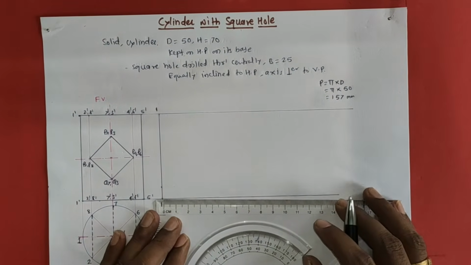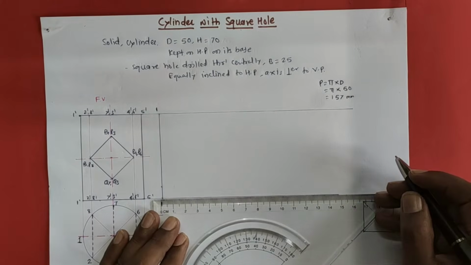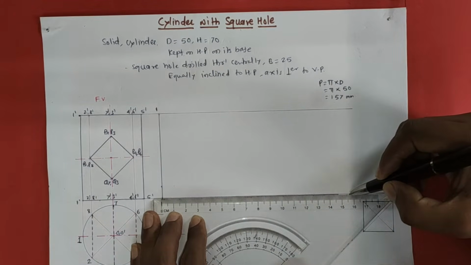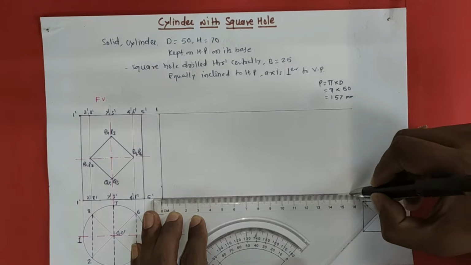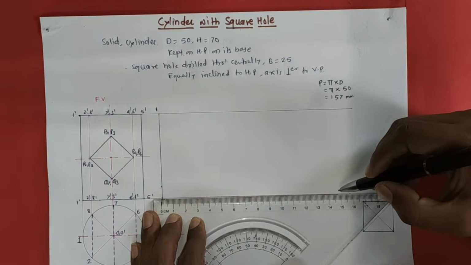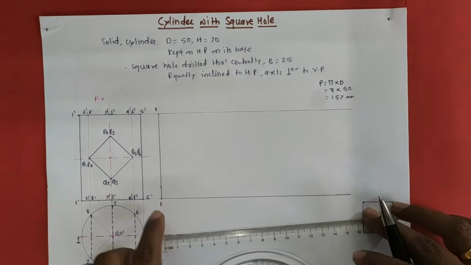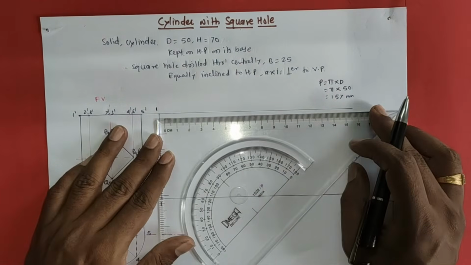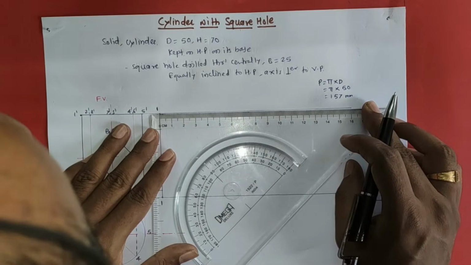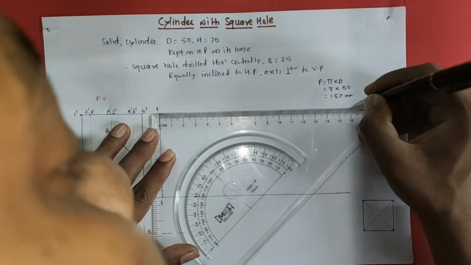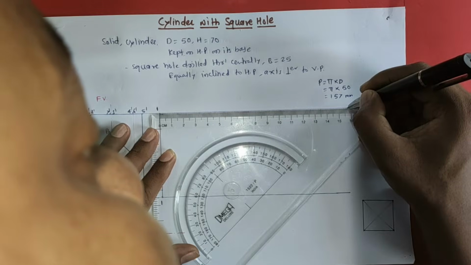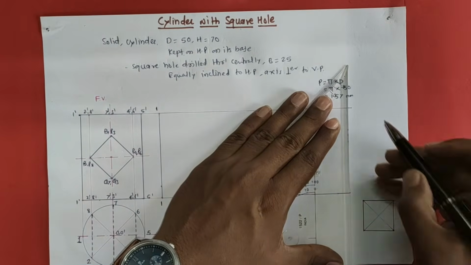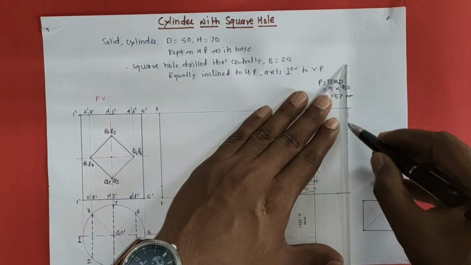So I will mark here 157 mm total distance. See, 150 mm, 155, 156, 157. So from this to this it will be the perimeter, and perimeter equals 157 mm. Again I will mark it on the top, 150, 155, 157. Okay, now I can join this.